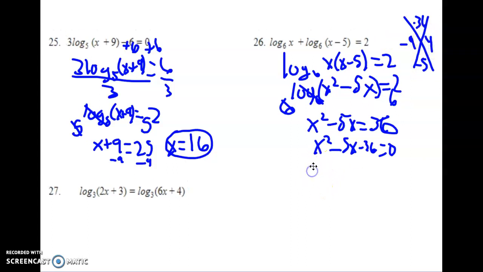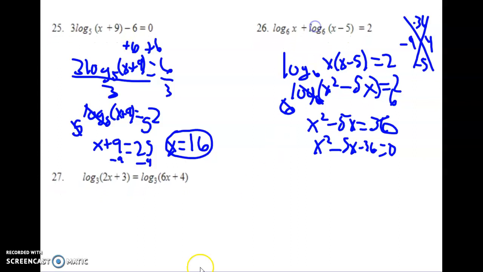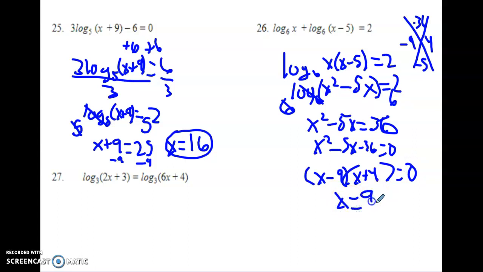So this then factors into x minus 9 and x plus 4. Those are both equal to 0, so that means I have two possible solutions, x equals 9 and negative 4.